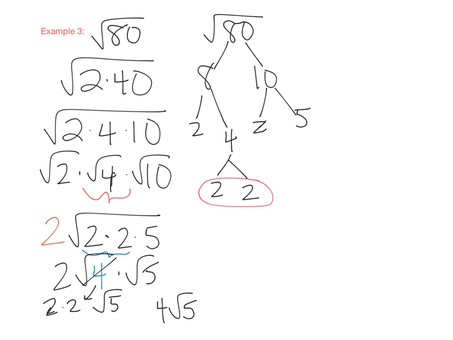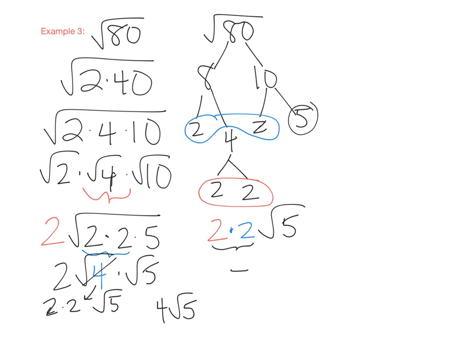We have a pair of 2's here, so we can bring a 2 out to the front of the radical sign. We also have another pair of 2's right there. So we can bring that out to the front of the radical sign. And then we have this 5. It doesn't have a pair, so it stays inside. We can multiply the two 2's out front and get 4 square root of 5. Just like the result of our other example.